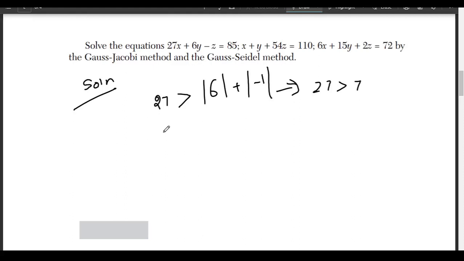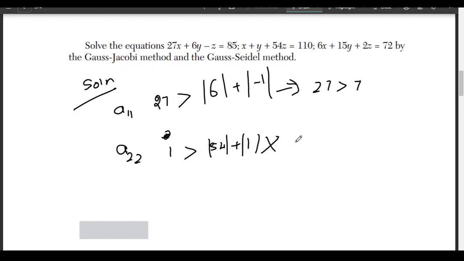Now for the next equation, let us see. Here A22 is 1, and 1 is not greater than 54 plus 1. So it does not satisfy.